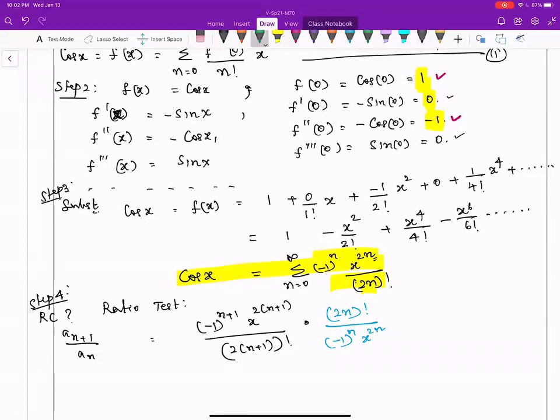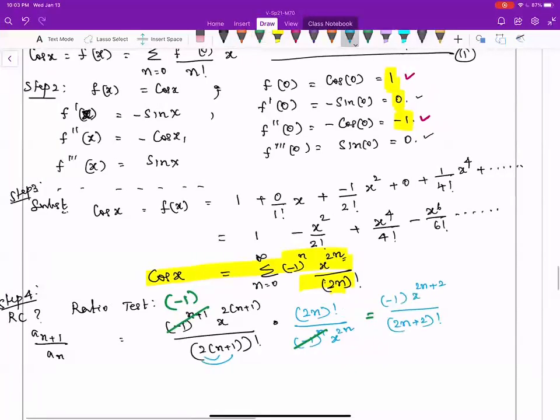So we'll simplify this. Negative 1 to the power n, negative 1 to the power n plus 1. This will throw a negative 1. So this will be equal to negative 1 x to the power 2n plus 2 divided by 2n plus 2 factorial. You distribute the 2.